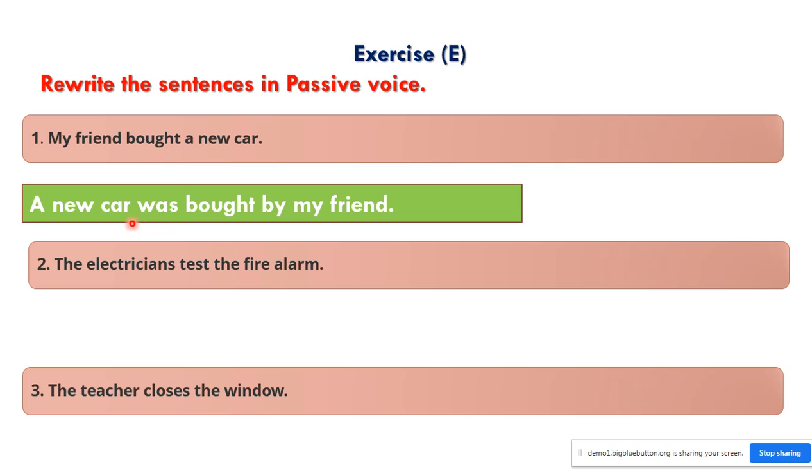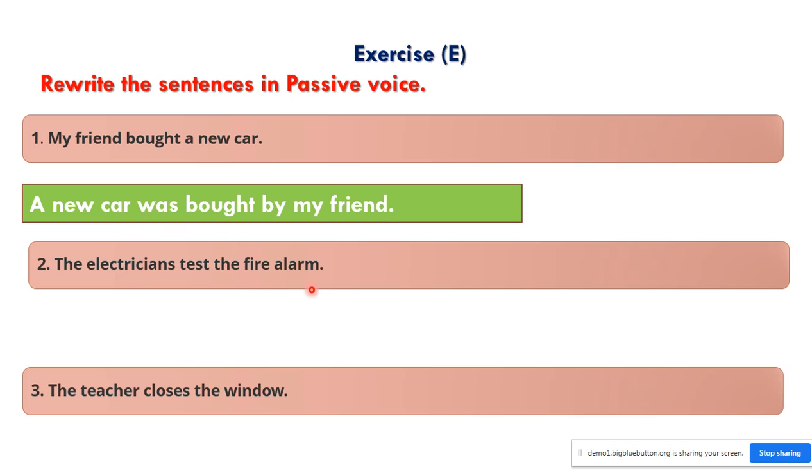A new car was, because a new car is singular, bought by my friend. Suppose this was my friends, it would still be "was," because in the passive my concern is what my subject is, singular or plural. My subject is singular, so the verb is singular too. The new car was bought by my friend.